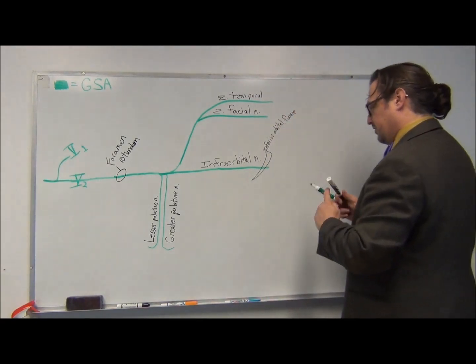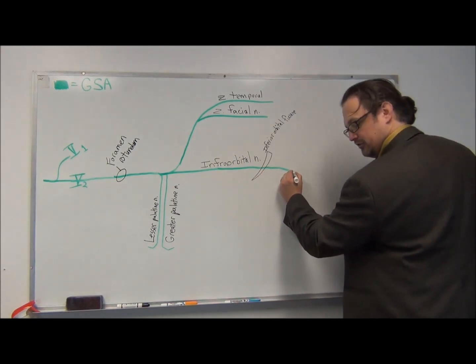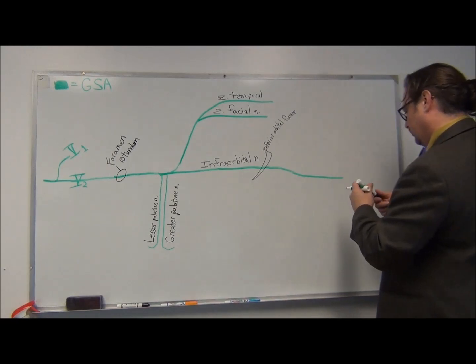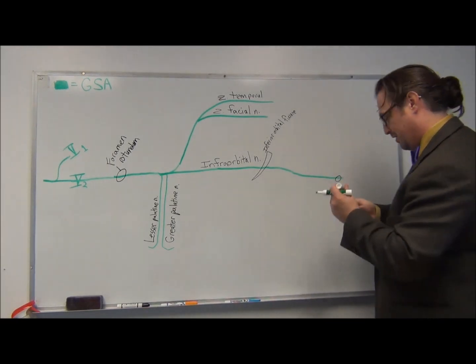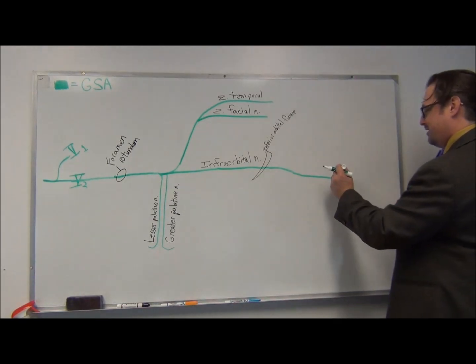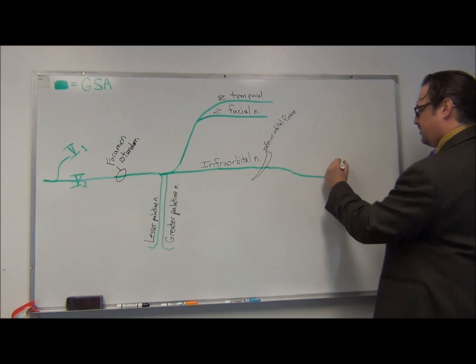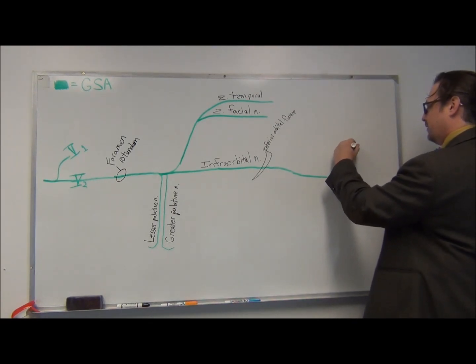Now from there it travels on the floor of the orbit and eventually enters the maxilla itself. And just before it exits, it travels through a little hole just right about here on the cheek. If you press hard enough, it hurts a whole lot. And no big surprise, the name of that hole is the infraorbital foramen.